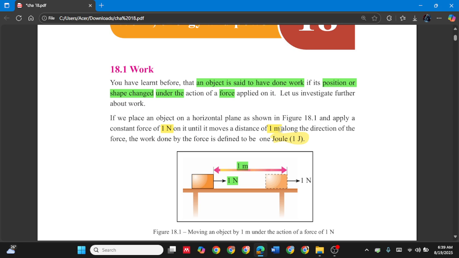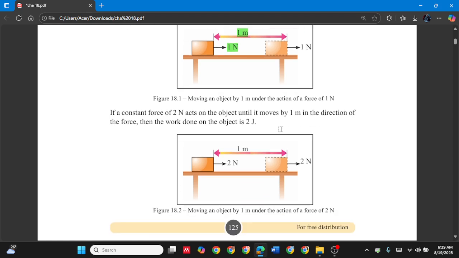So the joule or Newton meter is the unit of work. Here, if a constant force of 2 Newton acts on the object until it moves by 1 meter in the direction of the force, then the work done on the object is 2 joule.